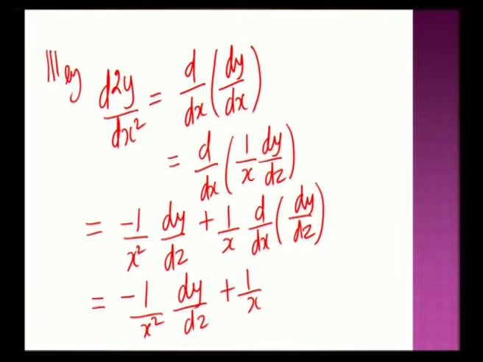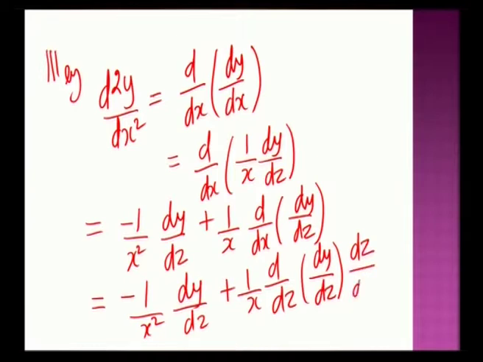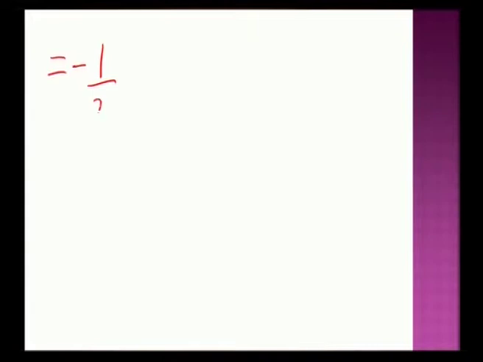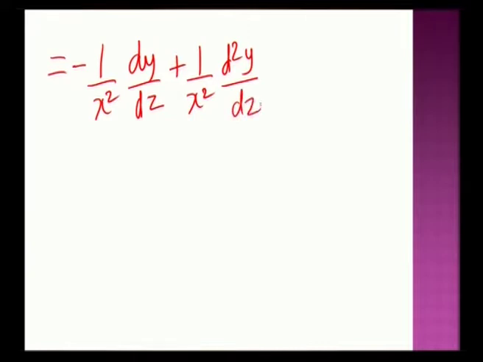This d by dx of dy by dz can be written as d by dz of dy by dz into dz by dx, which is equal to minus 1 by x square dy by dz plus 1 by x square d square y by dz square.